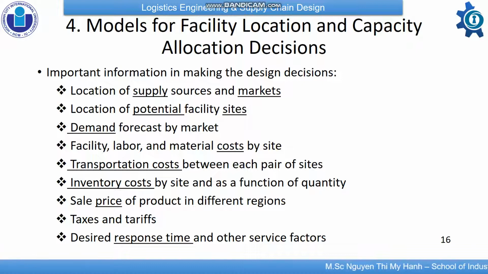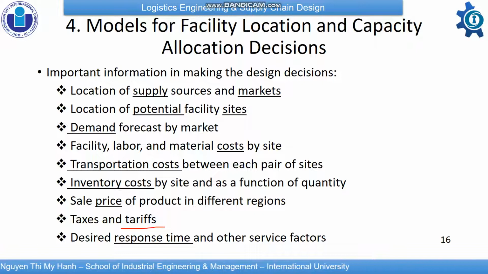And also we need to know the tax or tariff in that region, in that country or city, and also the response time to customers and other service factors.